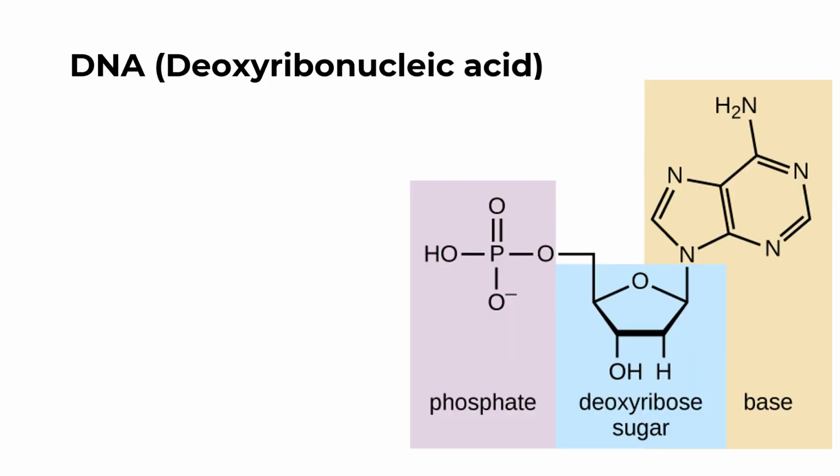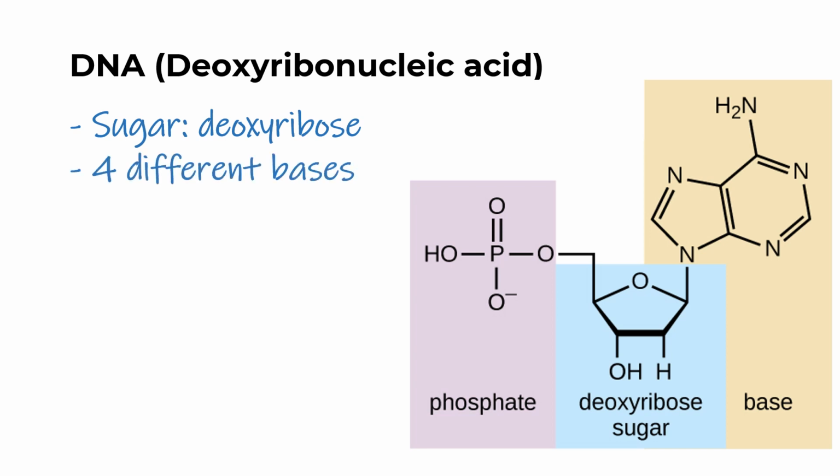Recall from our previous lecture that DNA is a nucleic acid composed of chains of nucleotides containing the sugar deoxyribose. There are 4 different nucleotides in DNA: adenine, guanine, cytosine, and thymine.